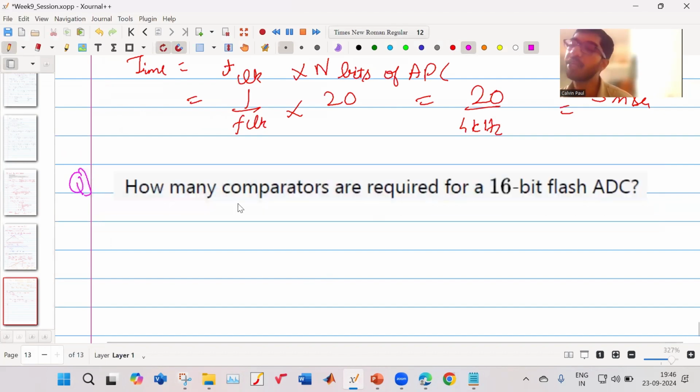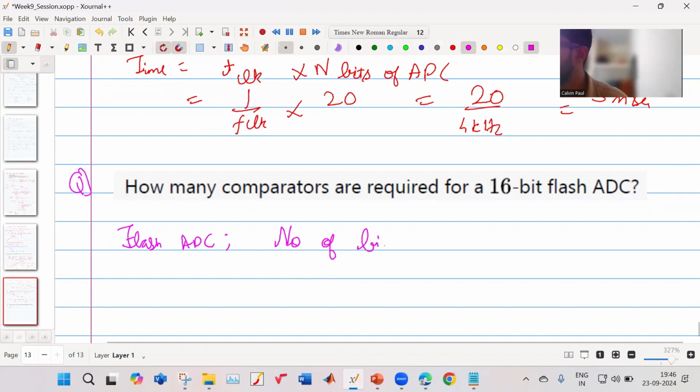So it asks how many comparators are required for a 16-bit flash ADC. First thing we note down: it is a flash ADC, and the number of bits n is 16. In a flash ADC, the number of comparators is 2 raised to n minus 1.